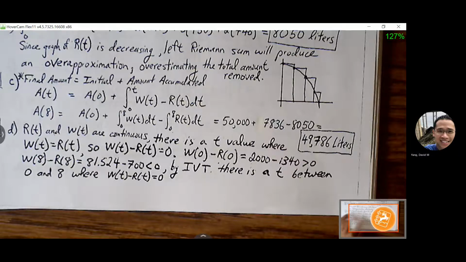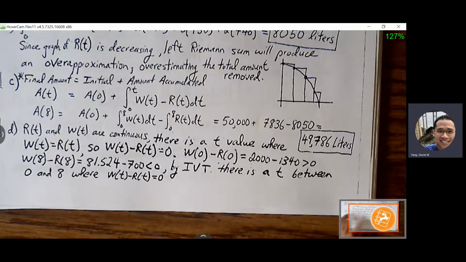Is there differentiable? They're differentiable, but it's the continuity that matters. Differentiable means that it's a smooth curve, but in this case it's not that important because as long as the function is continuous, we know that it's not going to jump from positive past 0 into the negative, right?